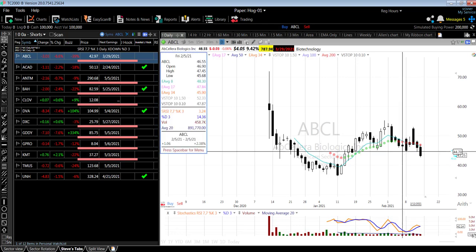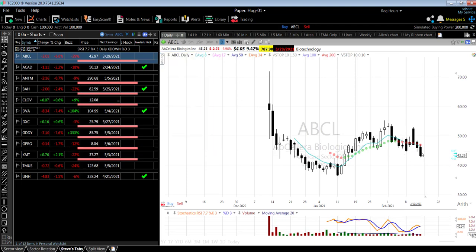Friday would have been a nice time to enter ABCL to the short side. What we need to do is watch for a potential bounce. So what I'd be looking for potentially is maybe a move there and then a move back up. Get back up to this prior level here and then a move lower. Okay.